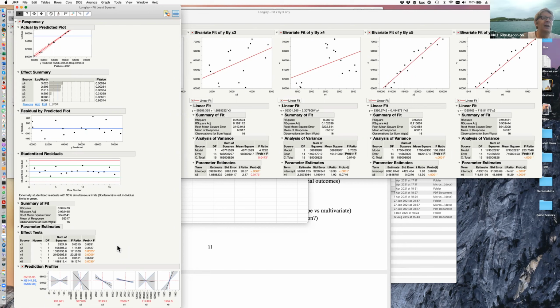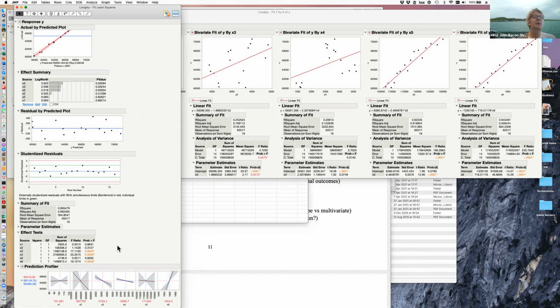So it doesn't necessarily mean that we only need 3, 4, and 6. It could be that x1 is useful, for example, once we've taken out 2 and 5. Okay? So we know that we at least need x3, 4, and 6. It doesn't look like 1, 2, and 5 are useful. So you notice that 4, which is the one that on the individual simple linear regressions was least persuasive, turns out to be the most important, the most useful.